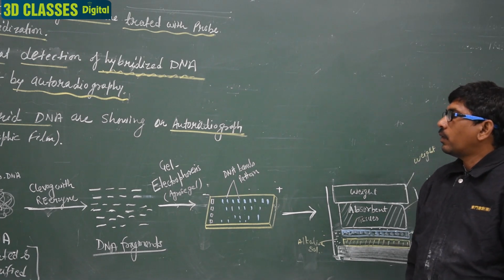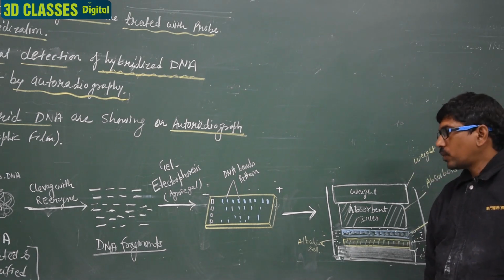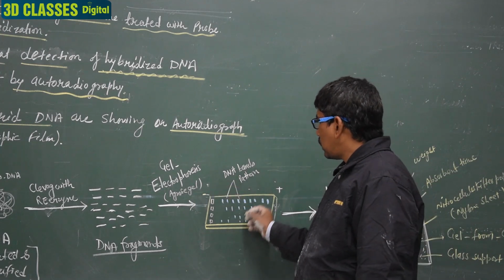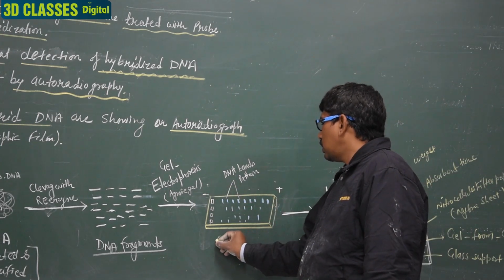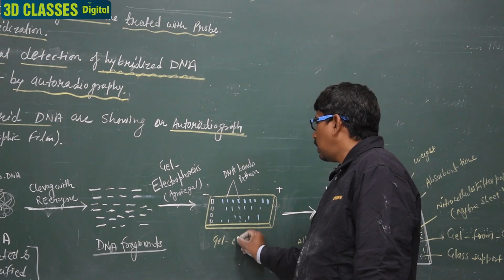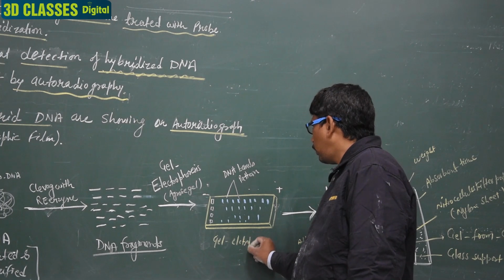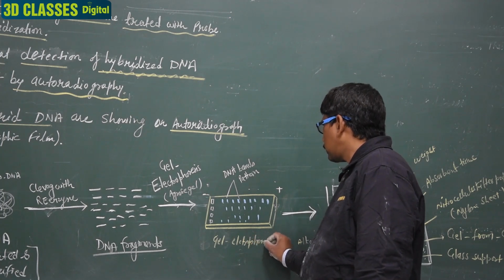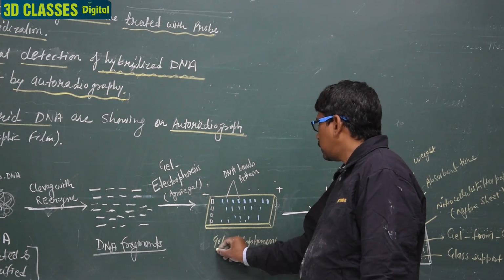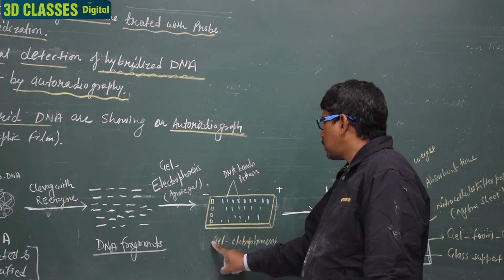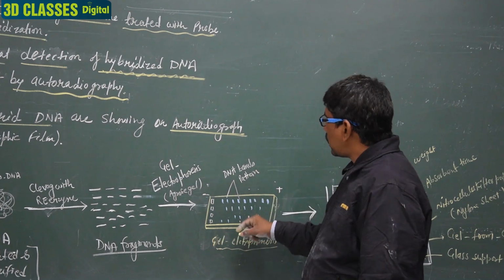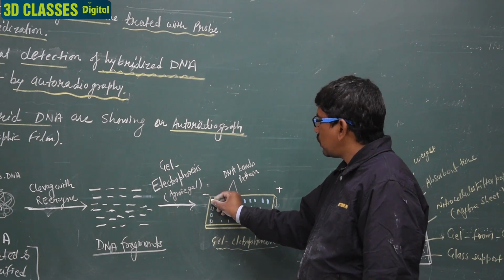After that we apply the electrophoresis process, with negative and positive zones in the agarose gel. Here we can say gel electrophoresis, and these are the band pattern. These are known as the wells.